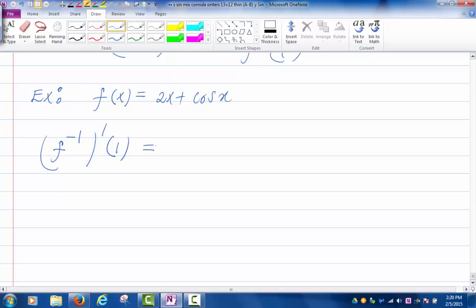Well, the formula that I just gave you tells me it's the same as 1 divided by the derivative of f evaluated at f inverse of 1. Now, what is f inverse of 1? F inverse of 1 is the value of x for which f of x is 1. Can you give me a value of x for which f of x is 1? 0, right? We did an example like that a few minutes ago.